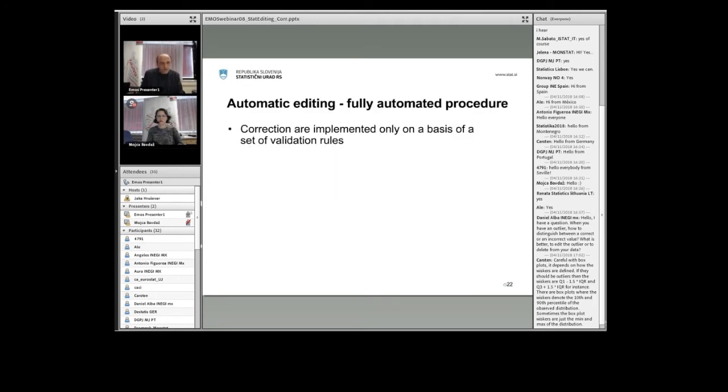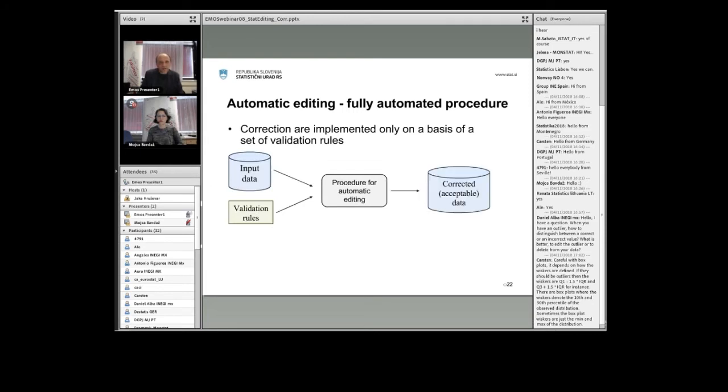Perhaps we will just go quickly through this one. I would just want to mention that there are two basic implementations of automatic editing. One is fully automatic editing, where the procedure is based only on the data and validation rules. So you throw, let's say, your data and your validation rules into one procedure, and this procedure makes automatic corrections for you.